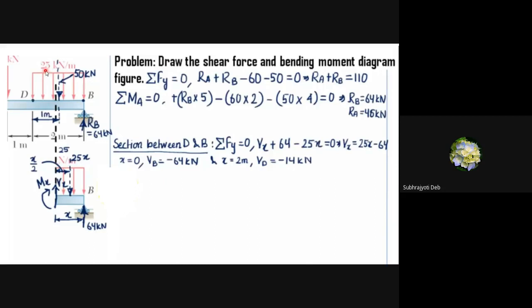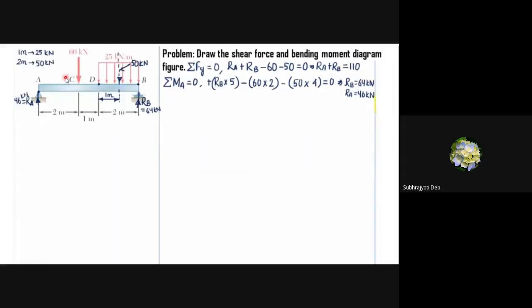The UDL is 25 kilonewton per meter, that is, for 1 meter it is 25, so for x meters it is 25x. So minus 25x equals 0. Here we will not consider the point load, because the point load is from section A to D. We are taking this section only.